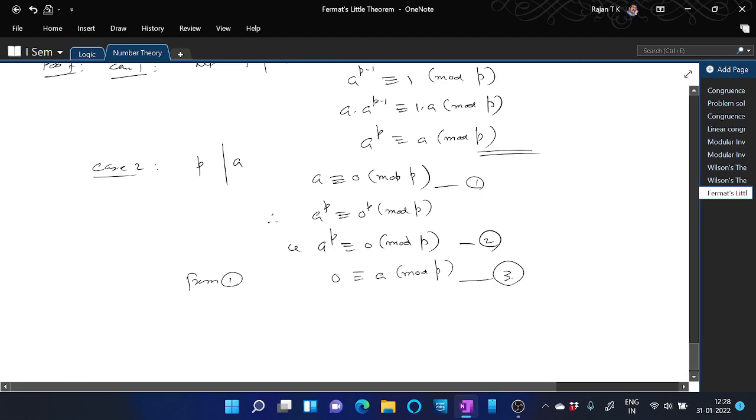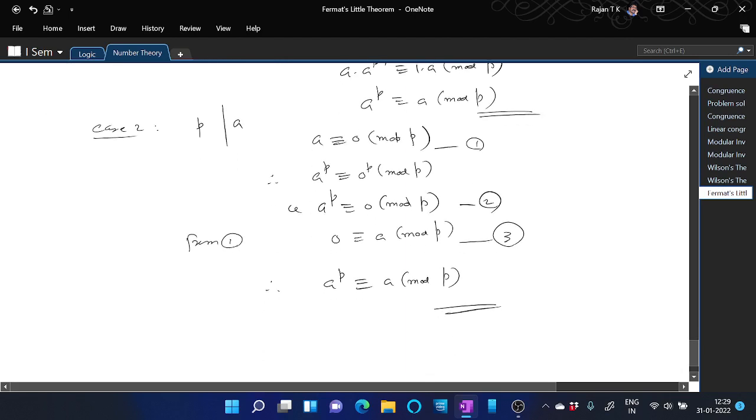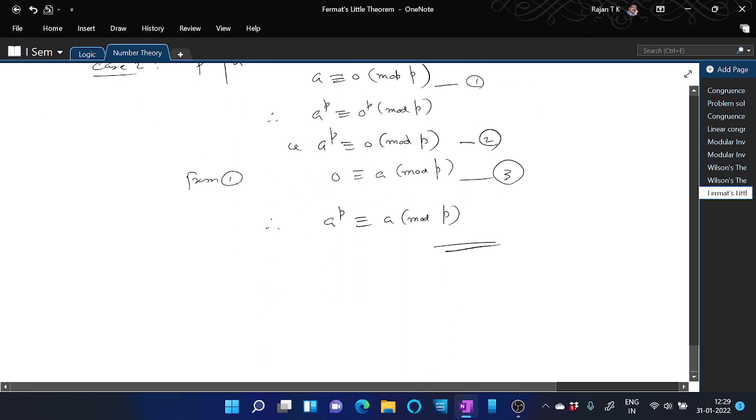Then using 2 and 3 and applying the transitive property, A raised to P is congruent to 0 mod P and 0 is congruent to A mod P, and therefore by using transitive property, A raised to P is congruent to A mod P. So in any case, whether P divides A or P does not divide A, we have A raised to P is congruent to A mod P.